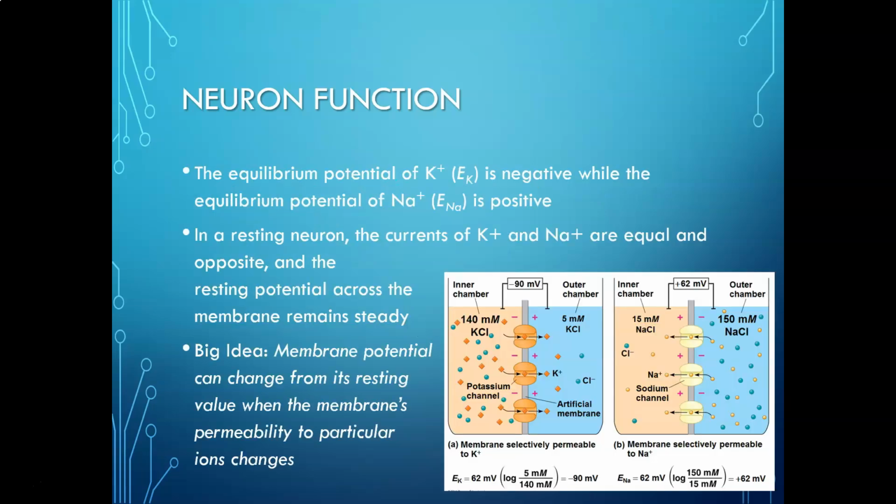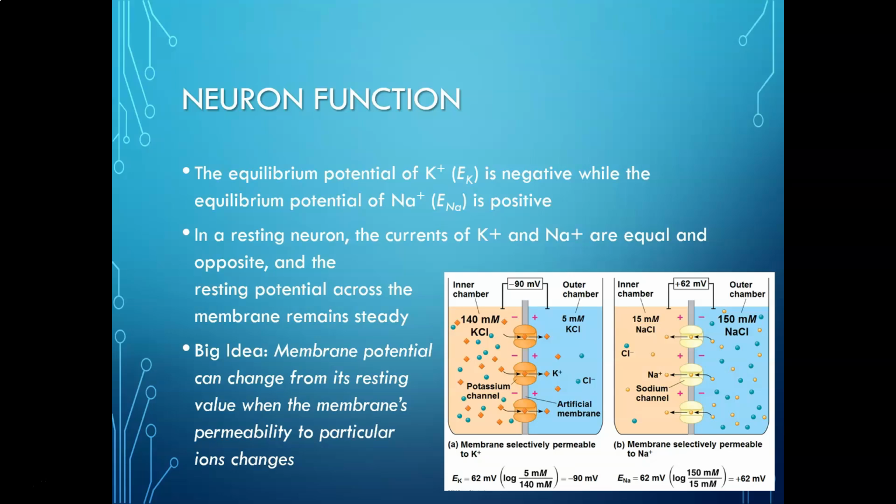So when I look at the equilibrium potentials, those values for potassium versus chloride, that's where those positive and negative values come into play. So in a resting neuron, the currents of sodium and potassium are equal but opposite. Okay? And so that resting potential across that membrane remains steady.